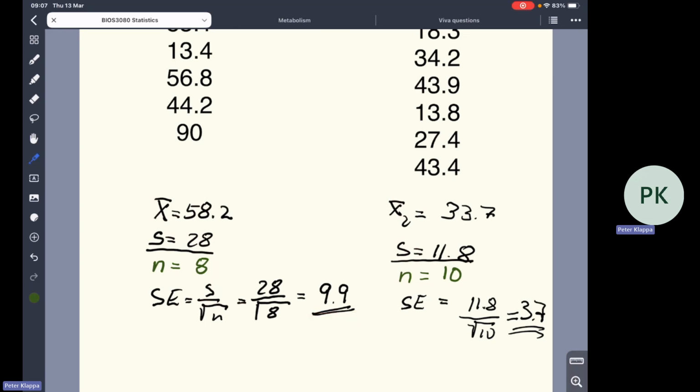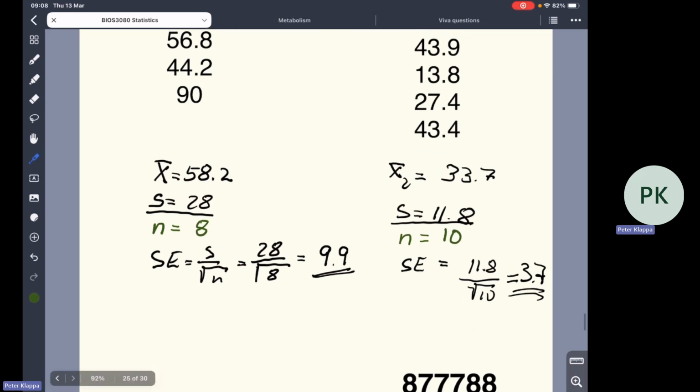And in the situation with the drug, we have a standard error of 3.7. So the standard errors are quite different from each other, but not by orders of magnitude. They're in the same ballpark figure, which is quite nice.